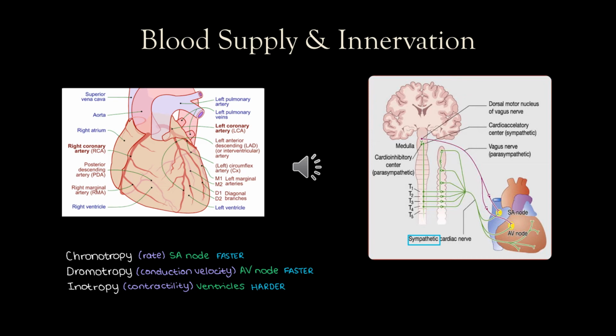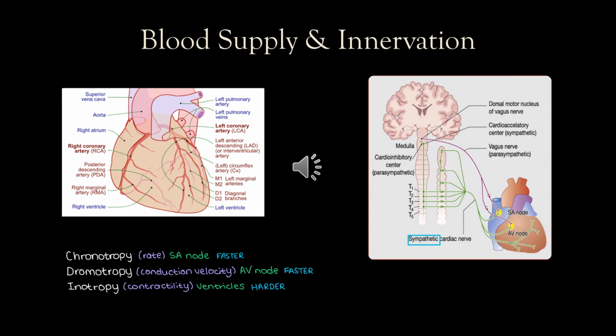The heart's blood supply is made up mainly of the coronary arteries. Think coronation and therefore crown, because this is what these arteries look like around the heart. The coronary arteries arise from the ascending aorta as it leaves the heart and go around the heart like a crown to supply it. There are two main coronary arteries, the right coronary artery and the left coronary artery.